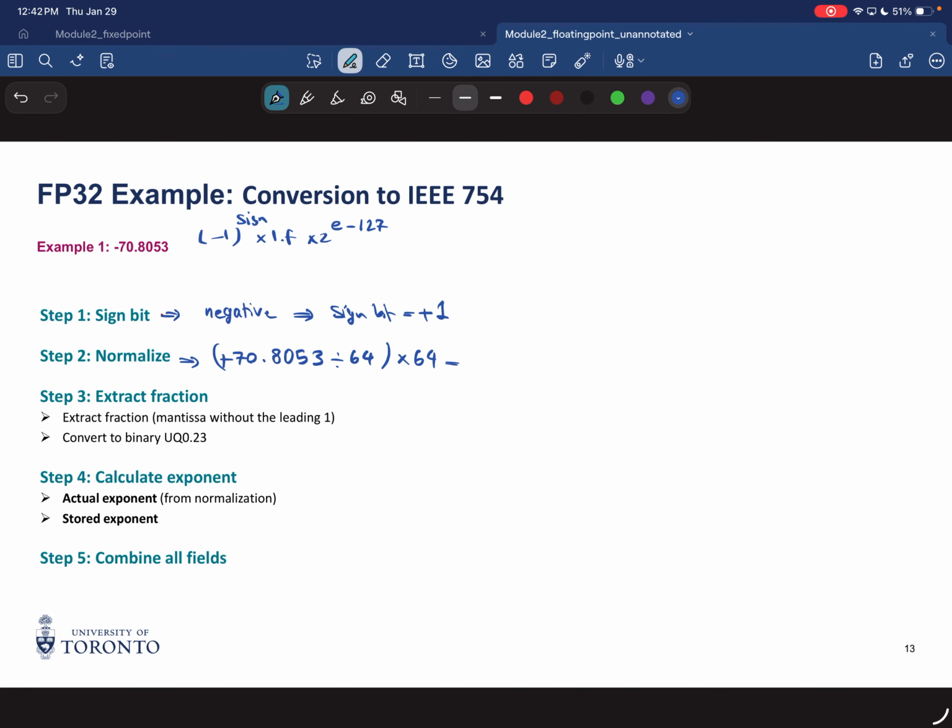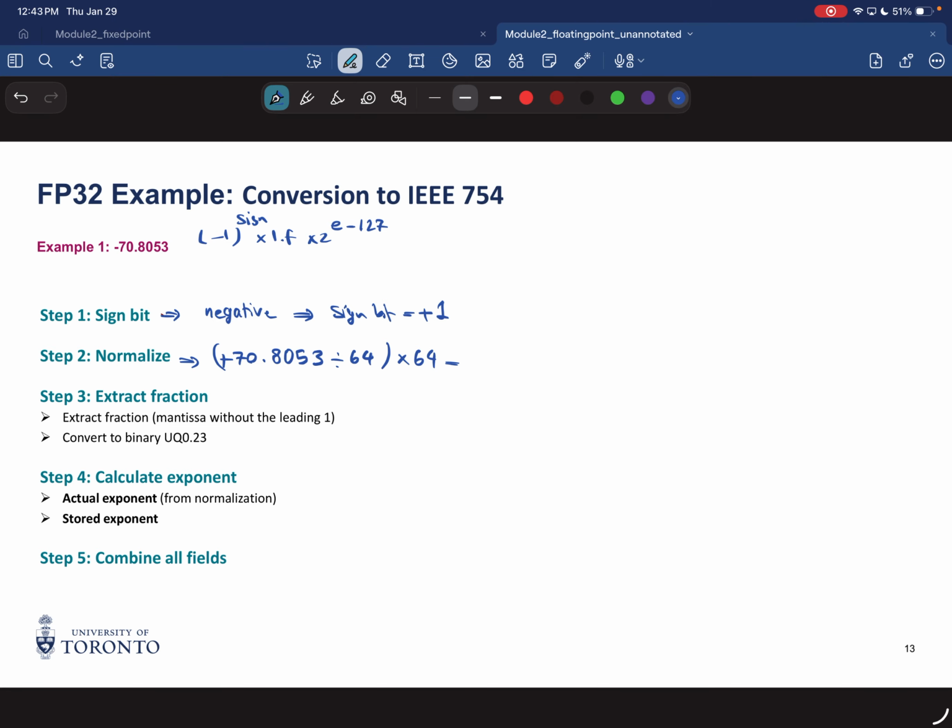Once you get the sign bit, you don't have to care about this. Again, that's a pretty thing about floating point. You don't care about the 2's complement or anything like that. You just get the sign bit, and the rest of it is just regular binary integer, basically. 80.53 over 64.